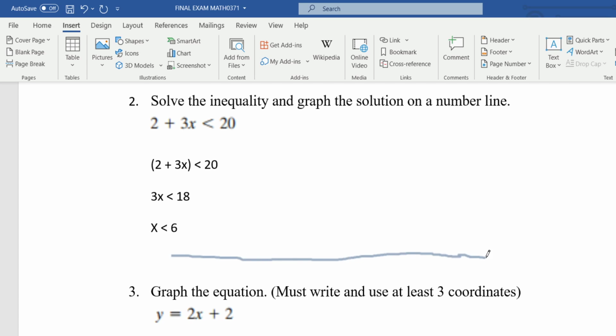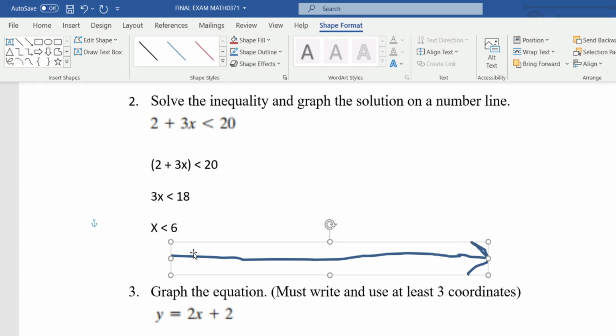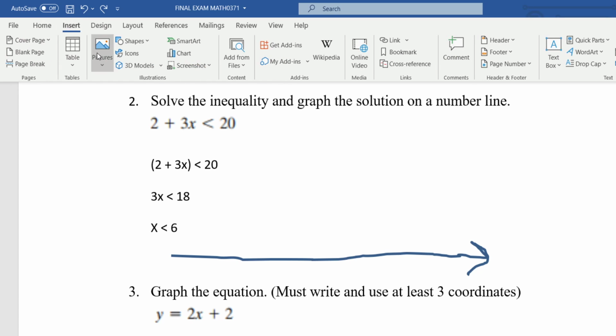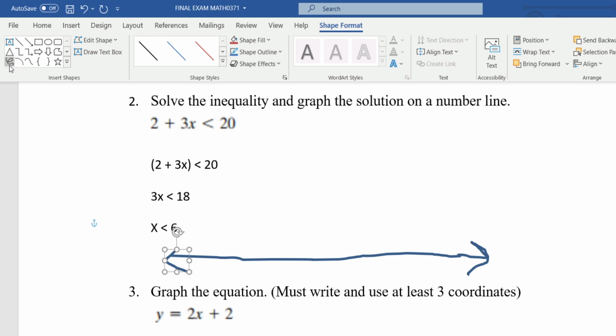It's not going to be perfect. A number line has 2 arrows on it. If you're drawing a number line, you just need the middle line most importantly. So we'll just say where 6 is right here.